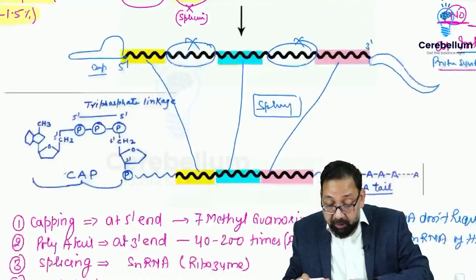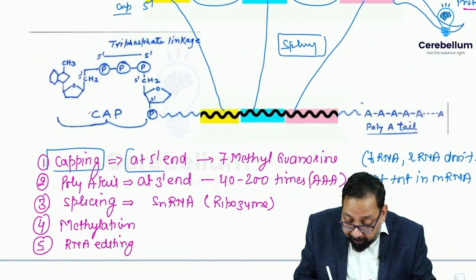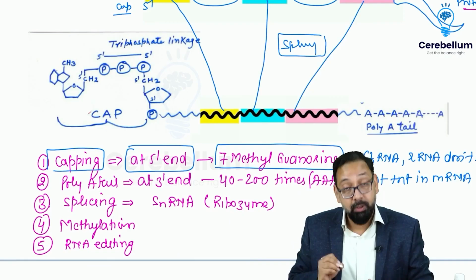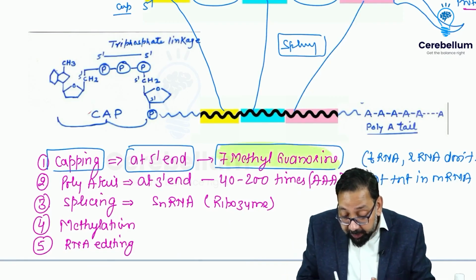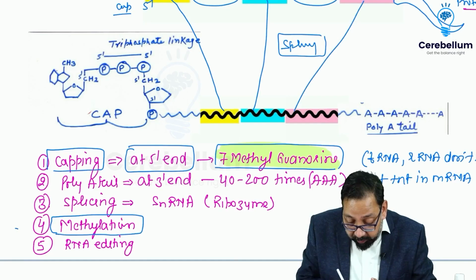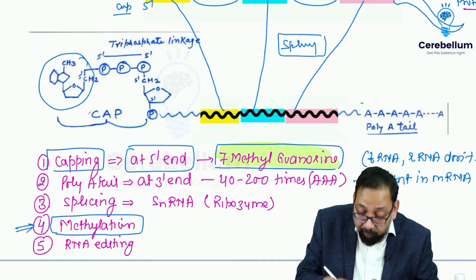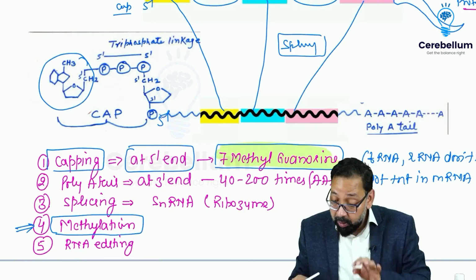So in post-transcriptional modification, first is capping, meaning at 5' we attach 7-methylguanosine. This is important: 7-methylguanosine means methylation is also part of post-transcriptional modification. Attached at which end? 5', and this is called capping.